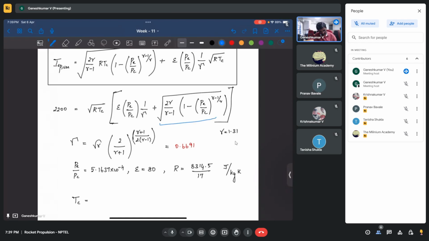So this part is coming out to be 2.653, and this is 80 into 5.1637 into 10 power minus 4 divided by 0.6691. This is 0.0617, 2.653.